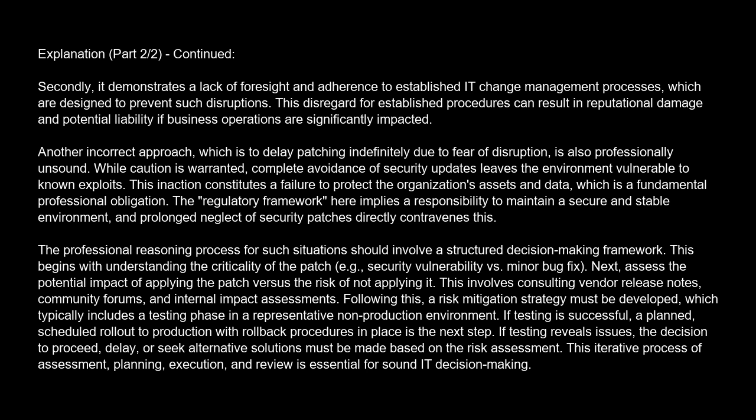If testing is successful, a planned, scheduled rollout to production with rollback procedures in place is the next step. If testing reveals issues, the decision to proceed, delay, or seek alternative solutions must be made based on the risk assessment. This iterative process of assessment, planning, execution, and review is essential for sound IT decision-making.